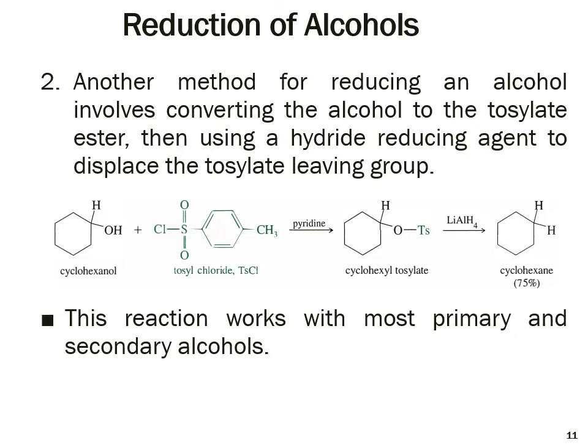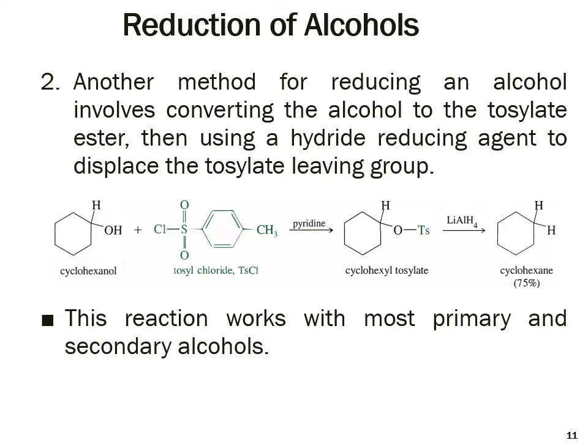So if you look at the reaction, you have an alcohol, cyclohexanol, which on reaction with tosyl chloride in the presence of pyridine gives us a cyclohexyl tosylate. So the tosylate gets attached here.